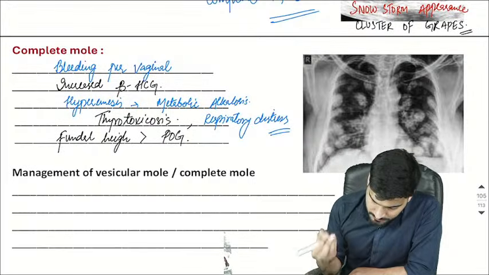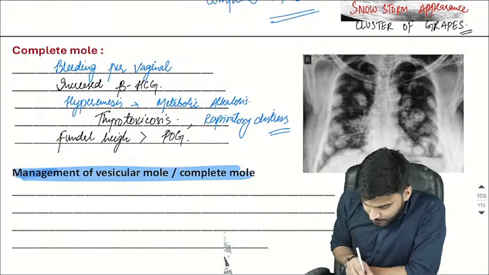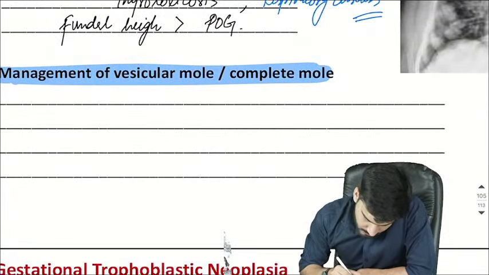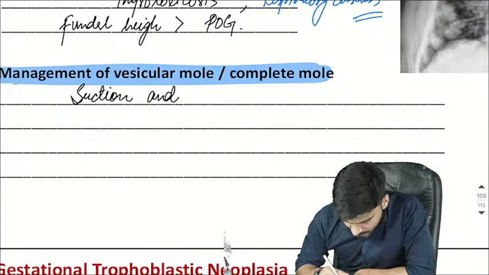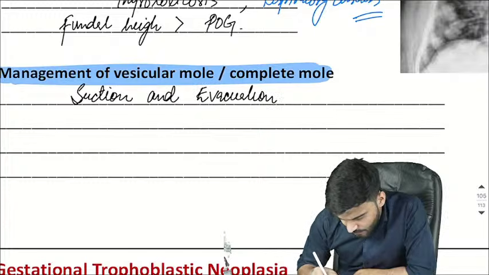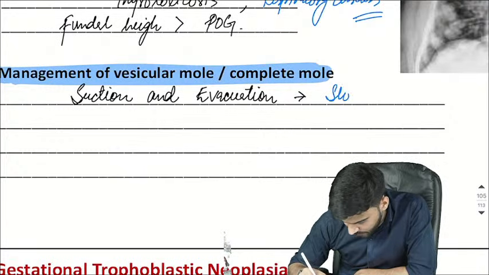Now, what will be the management of this vesicular mole or complete mole? First of all, we go with suction and evacuation. Followed by that, we can also go for slow curettage.